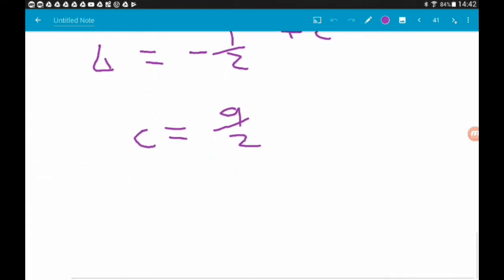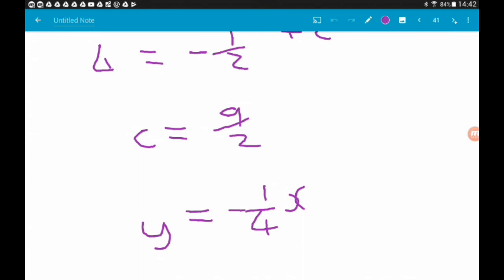So the equation of our normal is y equals minus 1/4 x plus 9/2.